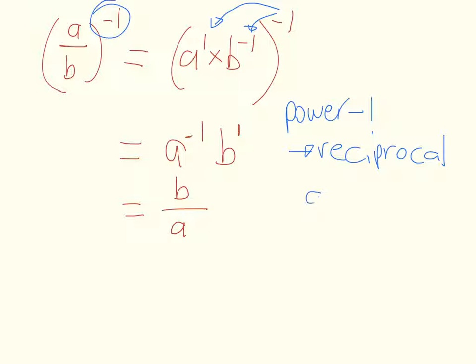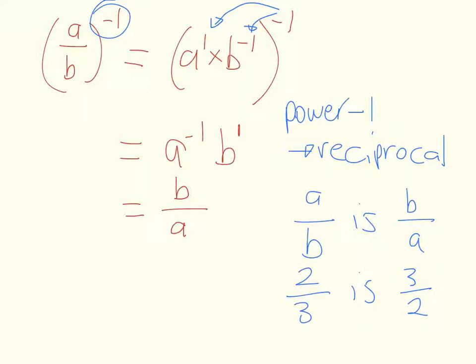Now the reciprocal of a over b is b over a, just like the reciprocal of 2 over 3 is 3 over 2. So if I have anything with a negative power like that, I end up taking the reciprocal. The reciprocal of 1 over something is just that number, so the reciprocal of 1 over 5 is just 5. The reciprocal, though, of something like 3 over 2 is 2 over 3.